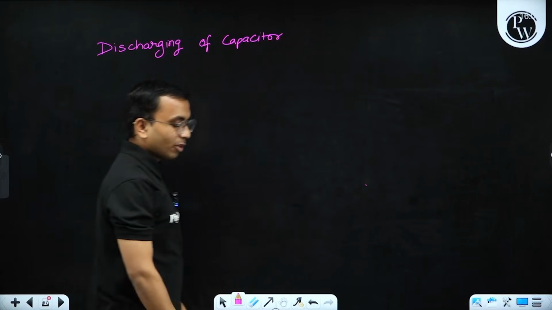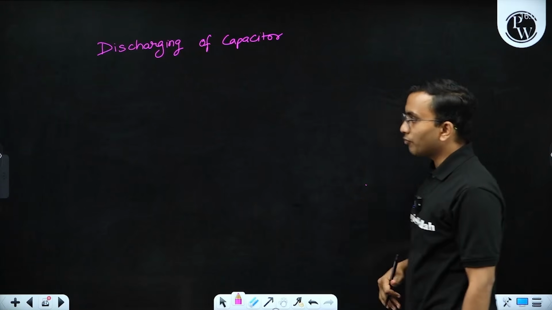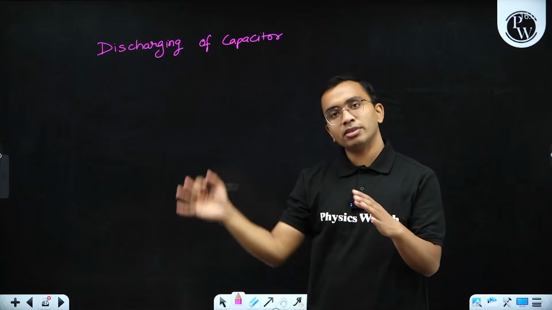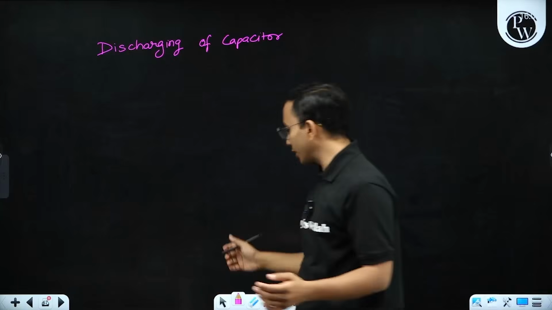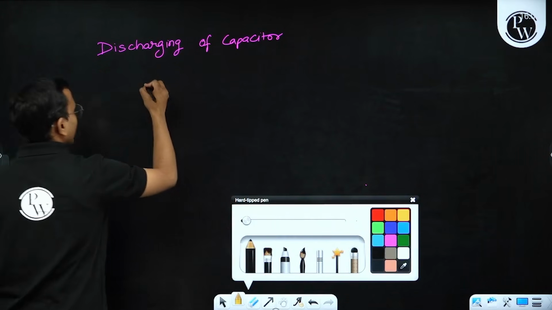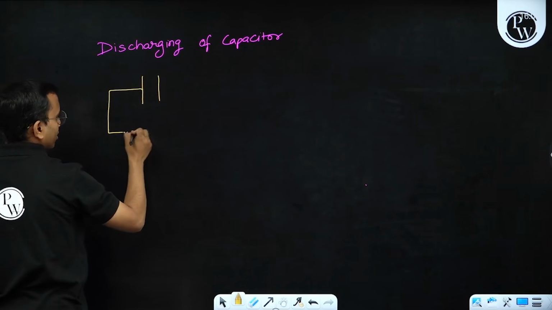Discharging of a capacitor means initially the capacitor has some charge, and we close the switch now. With time, the charge on the capacitor will keep on decreasing. So you have a capacitor and a resistor.